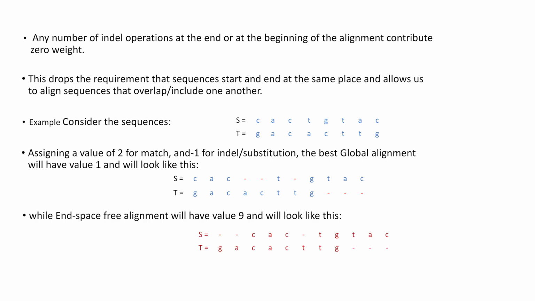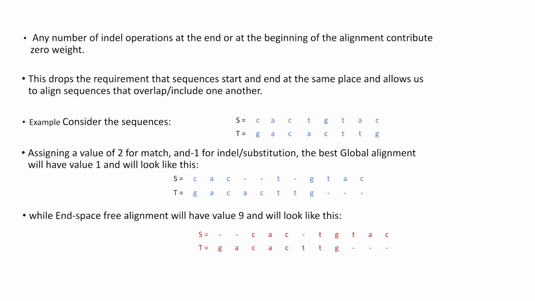The end space free alignment algorithm also has initialization, recursive and trace back steps, like global and local alignment. The initial condition allows zero weight for leading indel operations in at most one of the sequences. After filling the table with the values V(i,j), one can search for the maximal value in either of the ending rows, allowing at most one sequence to end before the other with zero weight for all indel operations from there on.